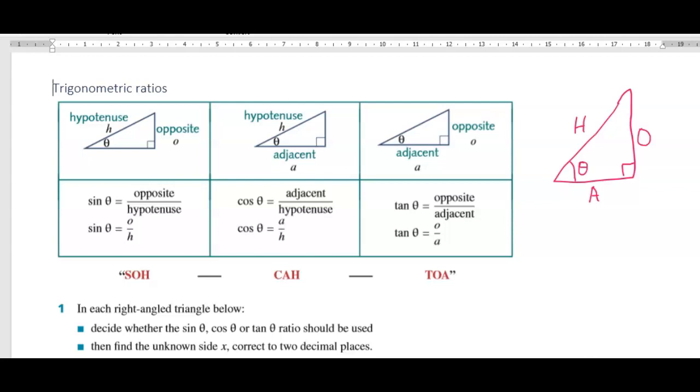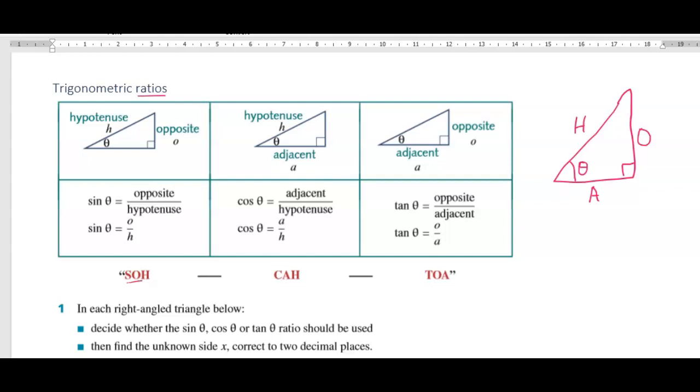Now, to remember what ratio to use, because these ratios are just relationships between the sides, okay? Now, if you're looking at this first triangle, if you're given a value for H and a value for O, or you have to find one of them and you've been given the angle, we use sine. Now, you've probably heard SOHCAHTOA.